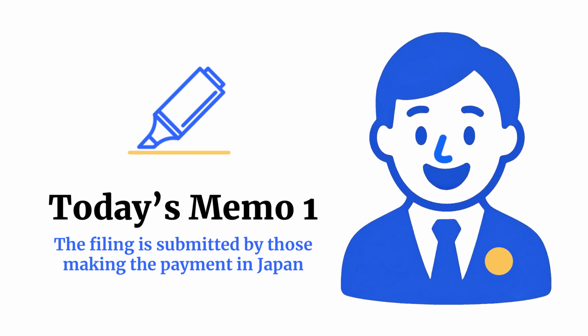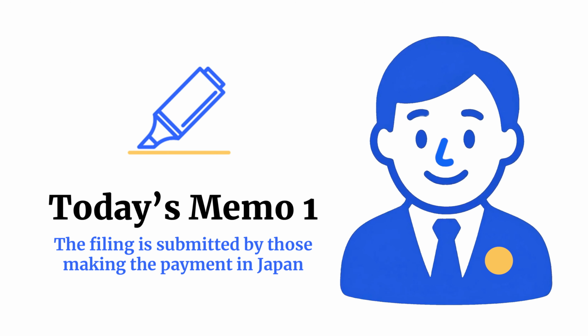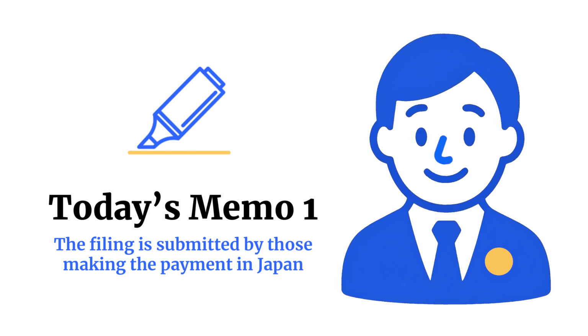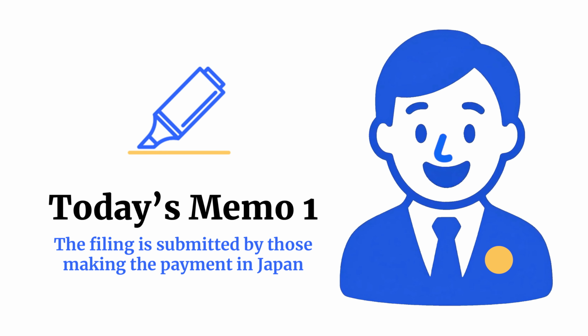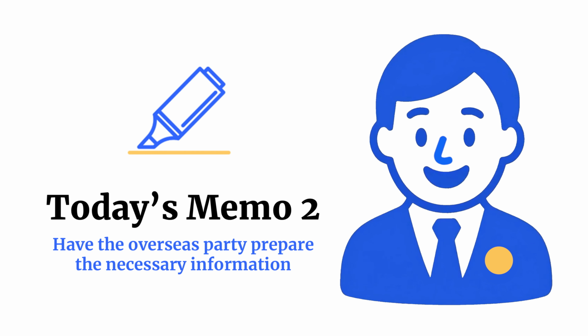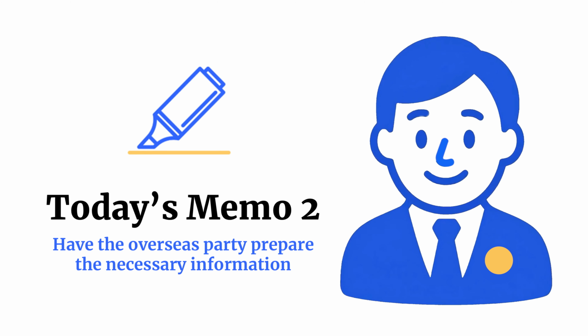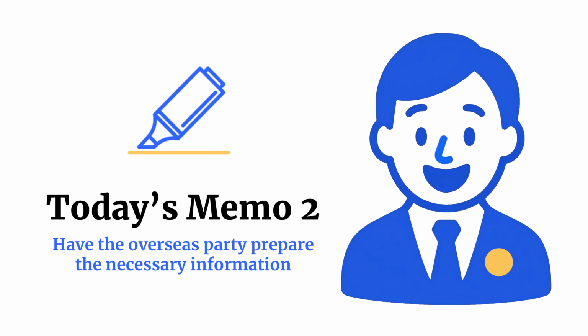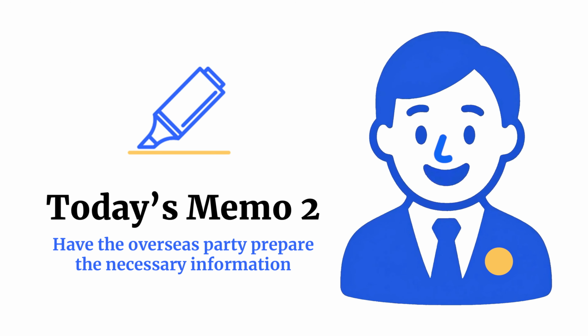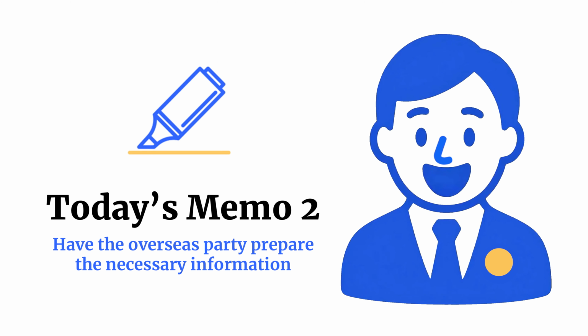Now then, does this form become necessary for every overseas transaction? Actually, no. It's only required when certain specific types of payment occur. Those include dividends, interest, and royalties. For example, when paying dividends to an overseas parent company, paying interest to an overseas bank, or paying royalties for the use of patents or software licenses obtained from overseas companies.